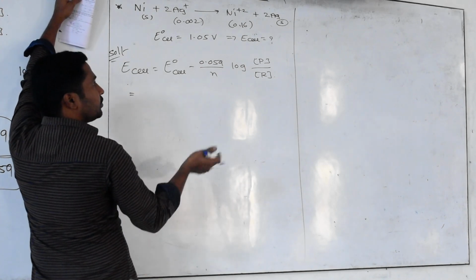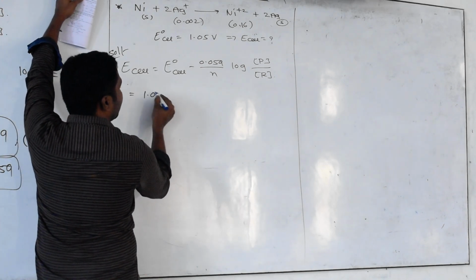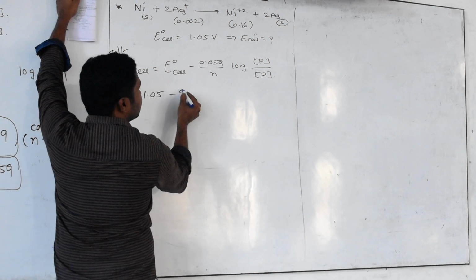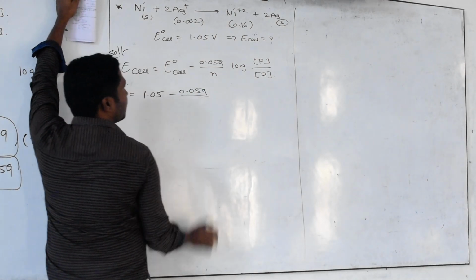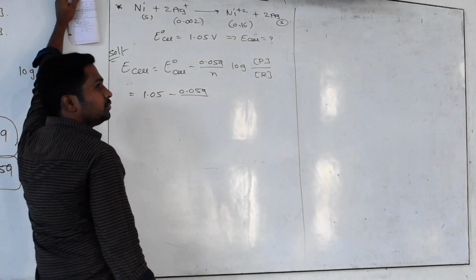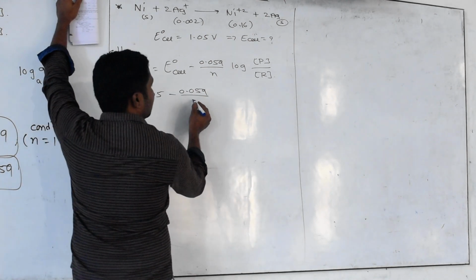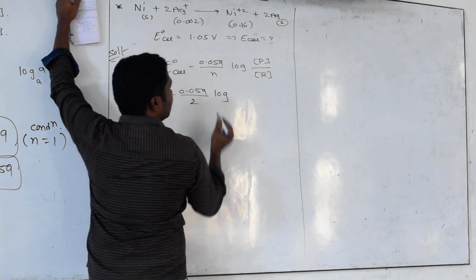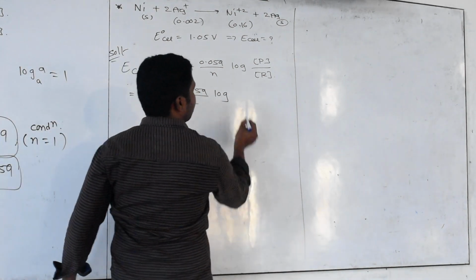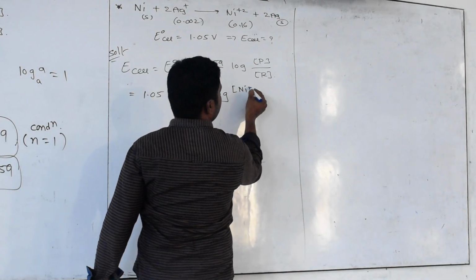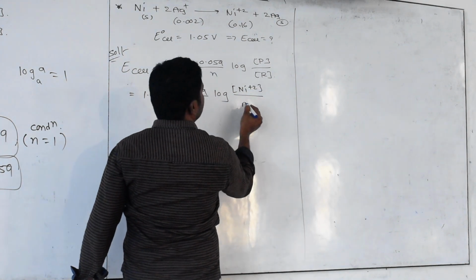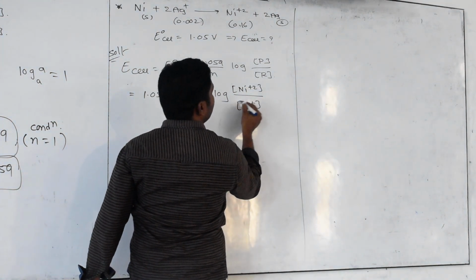Standard EMF is already given, 1.05 minus 0.059 by number of transferred electrons, how many? 2, the balanced reaction is already given, very easy. 2 into log of concentration of product ions, that means nickel ions concentration by silver ions concentration whole square. Don't forget this one.